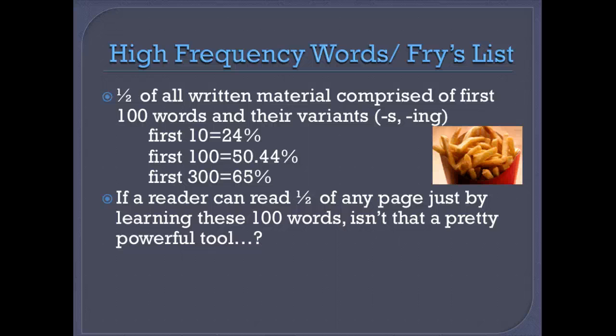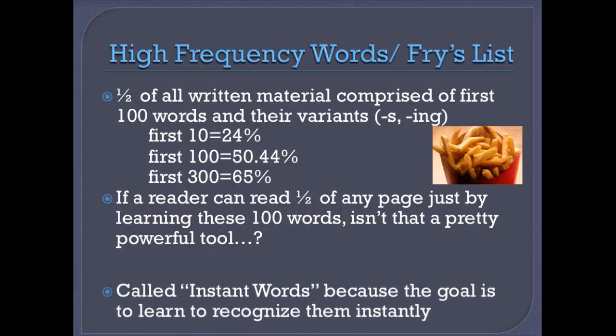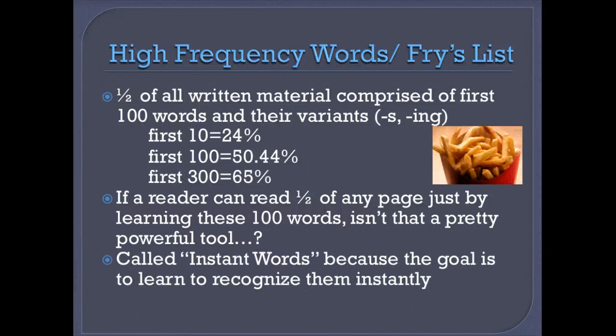They're wasting so much energy on decoding certain words that maybe can't even be decoded. So it is so powerful for students to have a strong grasp on high frequency words, and this begins at a very young age. The reason why it's called instant words is because the goal is to learn them instantly.